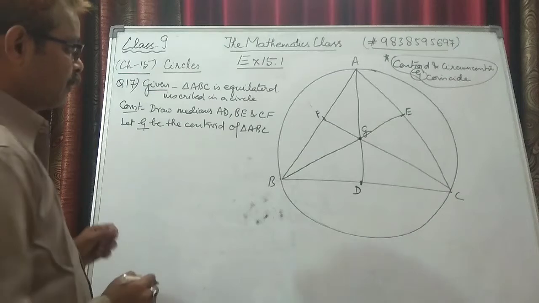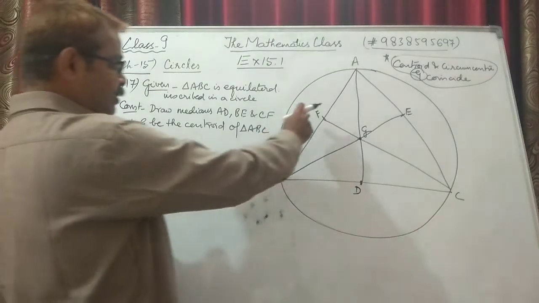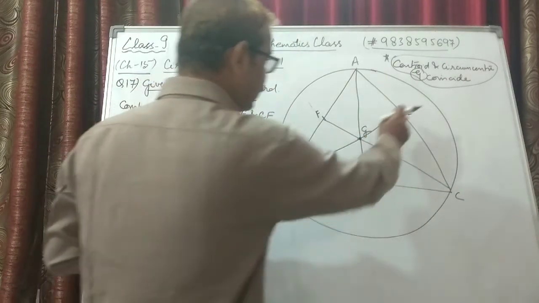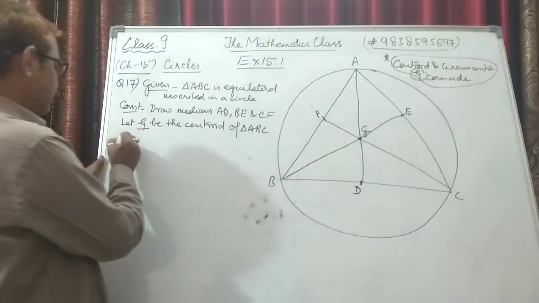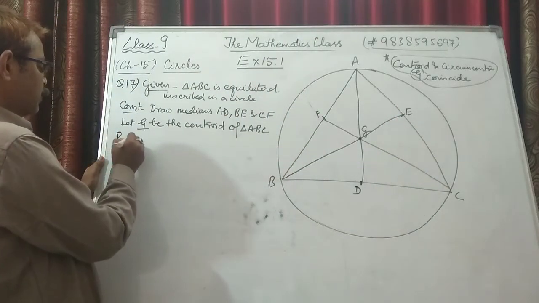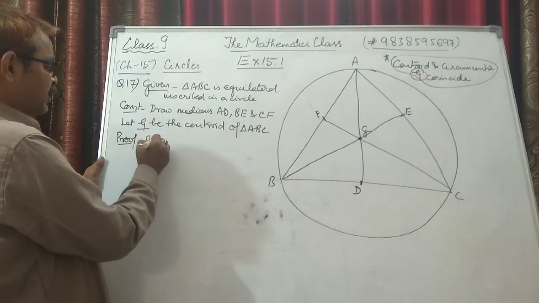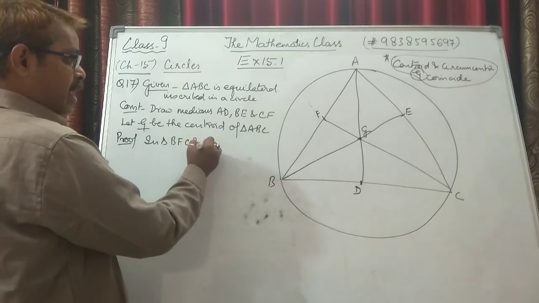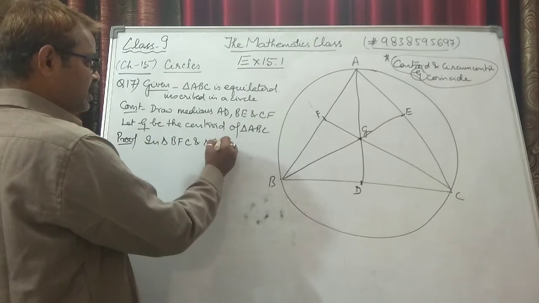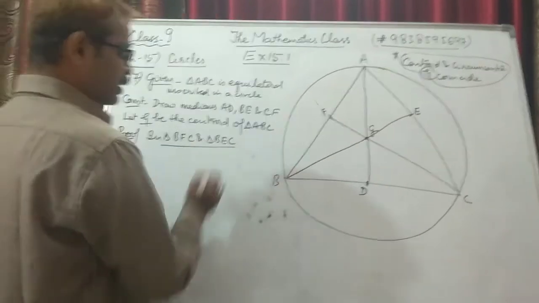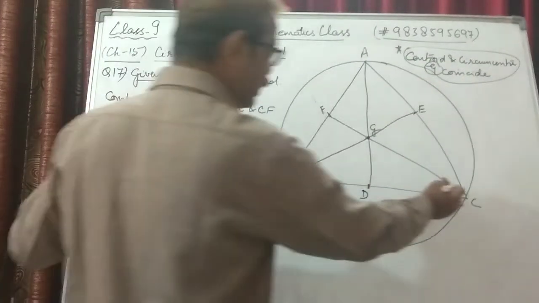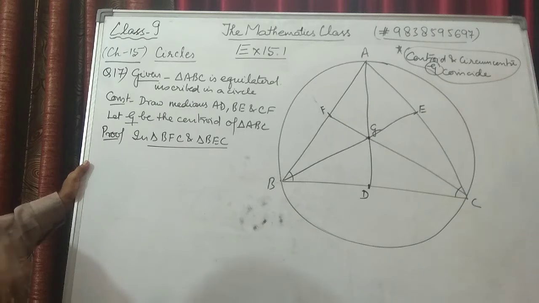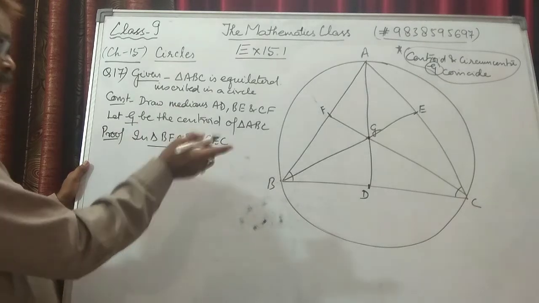Now we will try to prove triangles BFC and BEC congruent. Proof. In triangles BFC and BEC, first of all, angle B and angle C are the same. They are 60 degrees because they are the angles of an equilateral triangle.